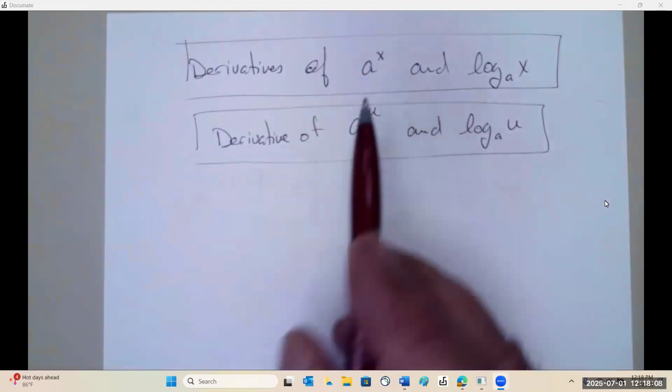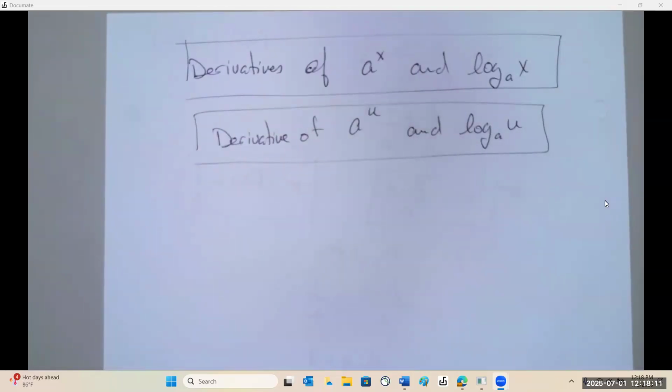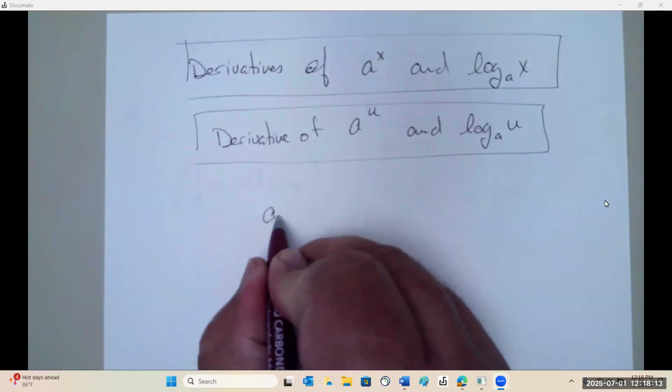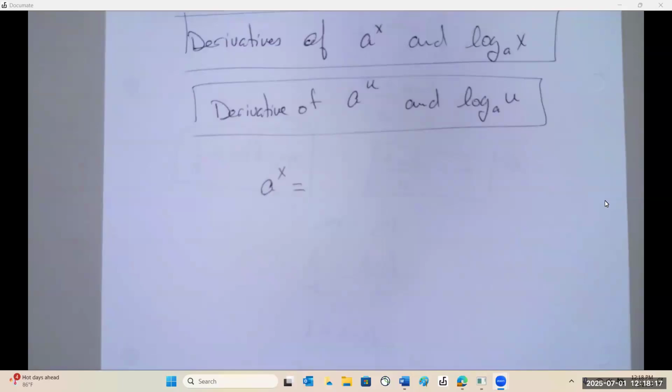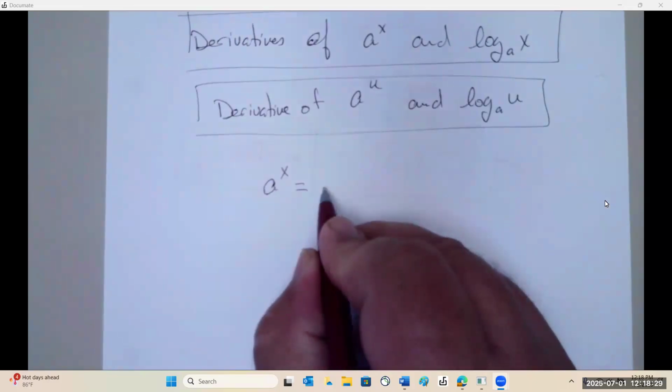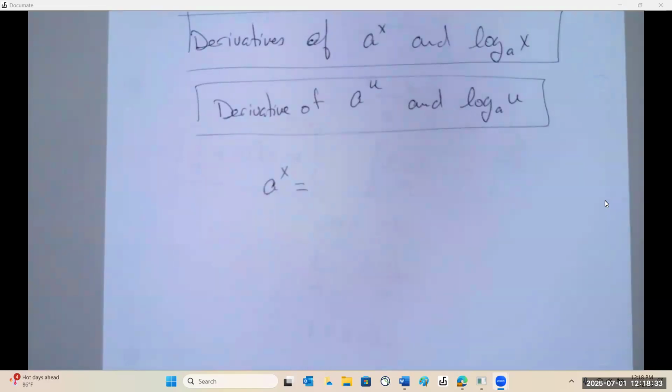Where did A come from? So A to the power X can be written as what? Basically, we know how to do it with E, right? So can we write A as a function of E?